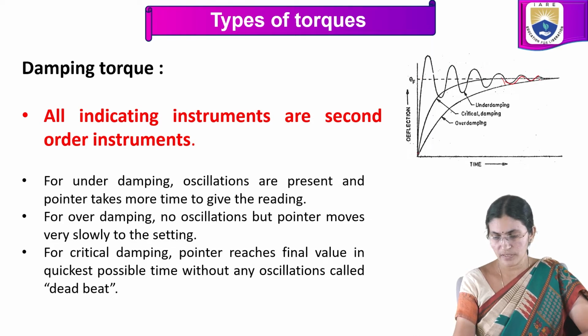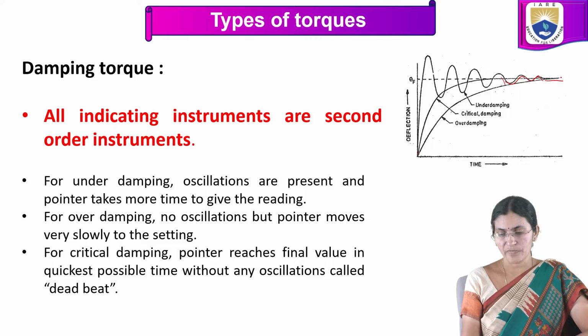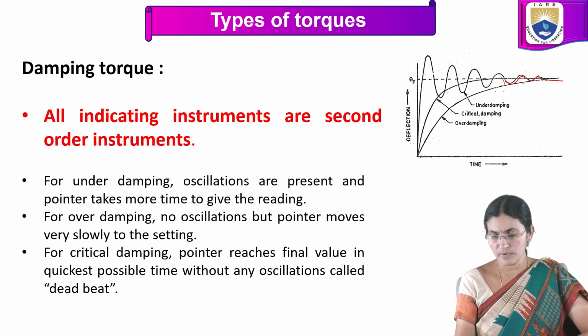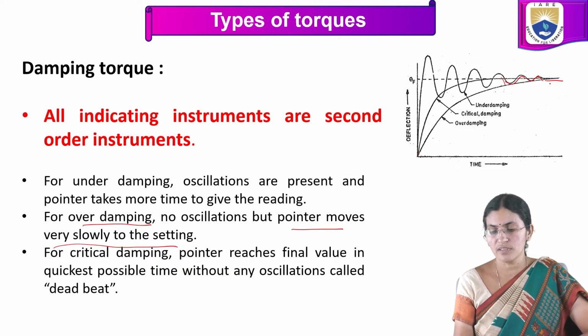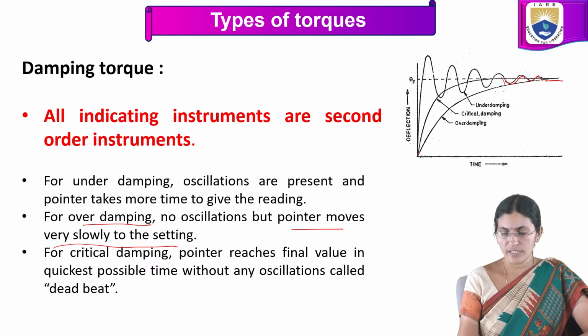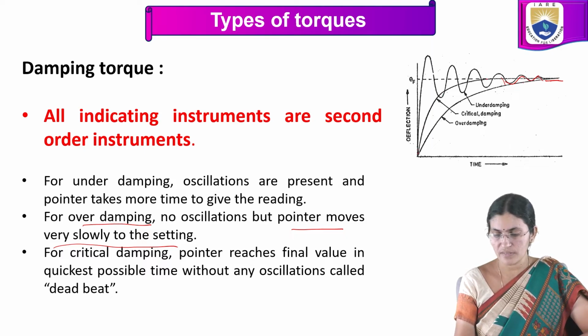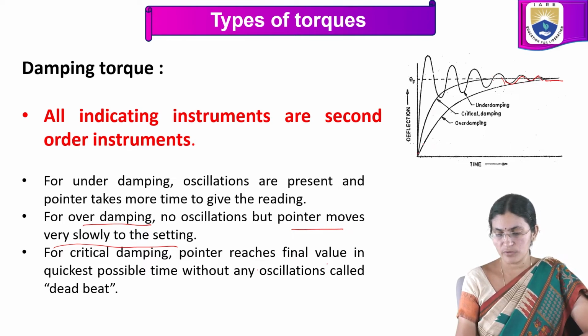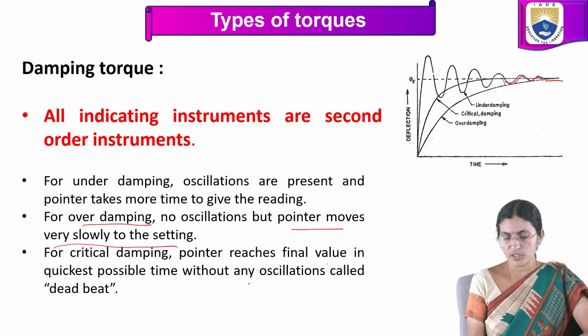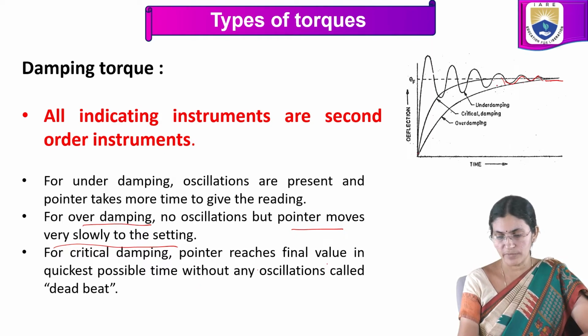If the system is underdamped, you can see there are oscillations present in the system before reaching the final steady state value. Whereas for an overdamped system, there are no oscillations, but the pointer moves very slowly to the final steady state position. And this is the curve of critical damping. For critical damping, the pointer will reach the final value in the quickest possible time without any oscillations, called deadbeat.